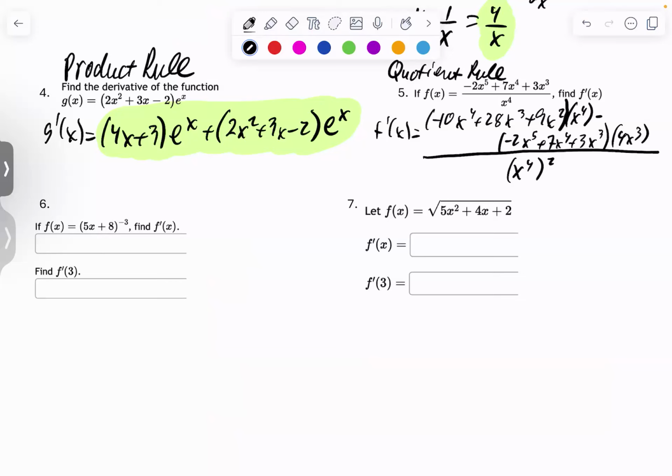So we have a function of x raised to the negative third power. So we're going to do chain rule. I'm going to bring down that negative 3. So f prime of x is negative 3 times 5x plus 8 to the negative fourth power times the derivative of 5x plus 8, which is just 5.